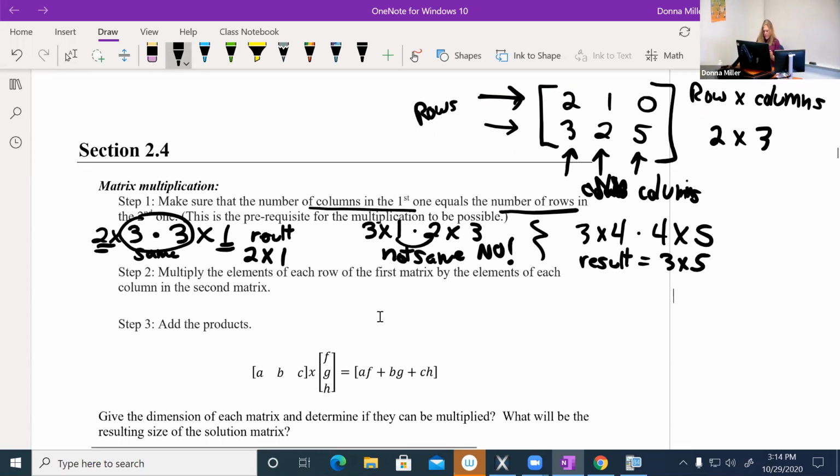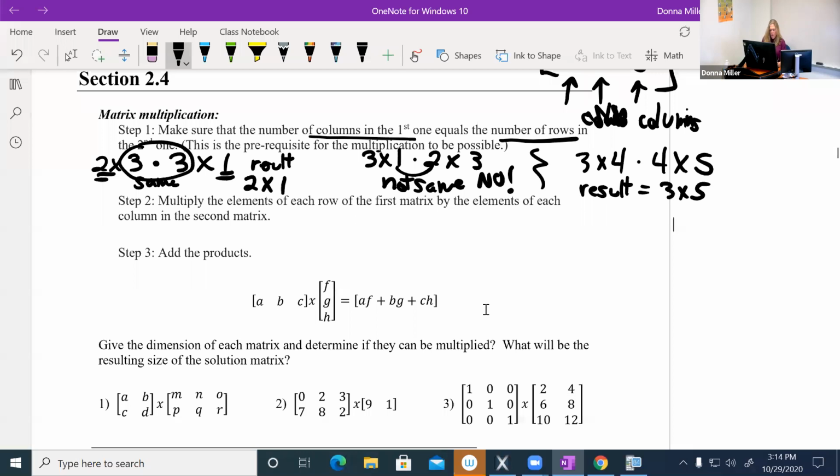So now that we've got that, we're going to talk about the process of multiplying. I would not multiply these by hand unless I had variables. If you have variables in the matrix, like an X in there, you can't use a calculator. You must do it by hand. So here's the process: you go across the rows and down the columns, and you add them up.